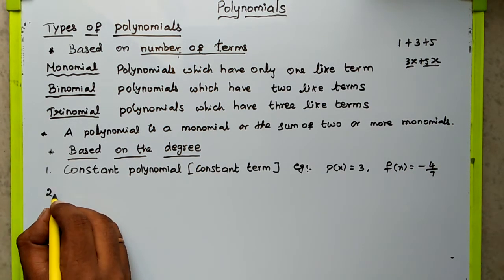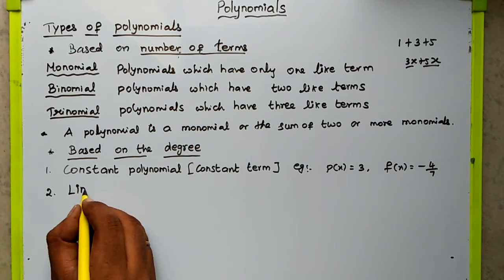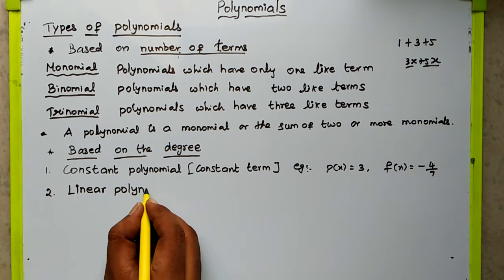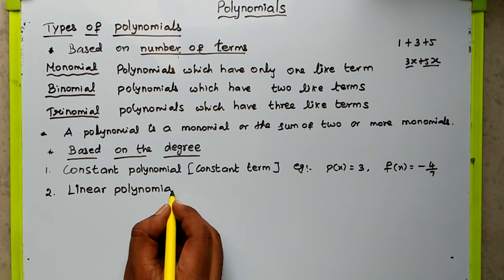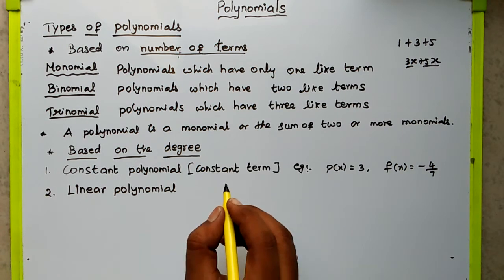Next, the second type, linear polynomial. Linear polynomial, the degree is 1.